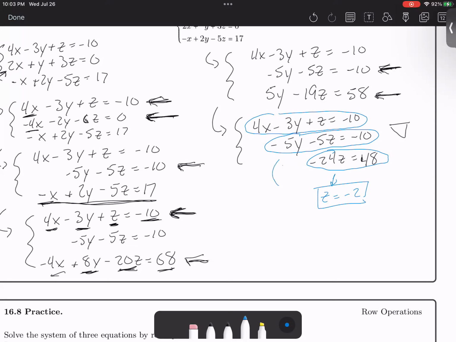All right. The second equation, minus 5y, if z is equal to minus 2, this will be plus 10 is equal to minus 10. This tells us that minus 5y is equal to minus 20. y has to be 4.